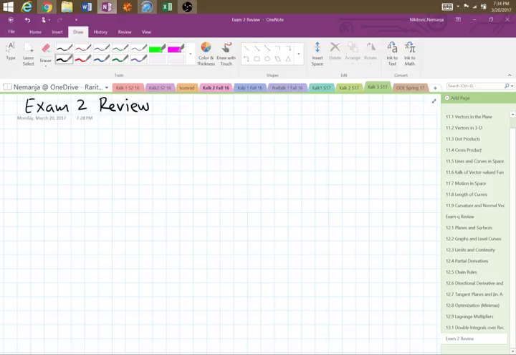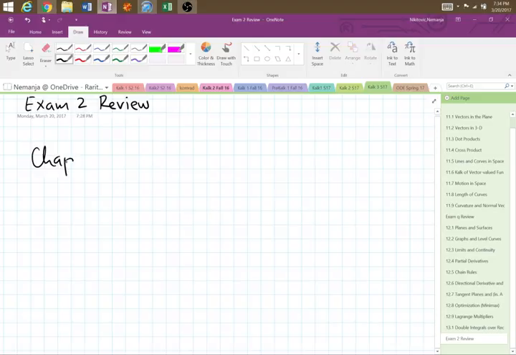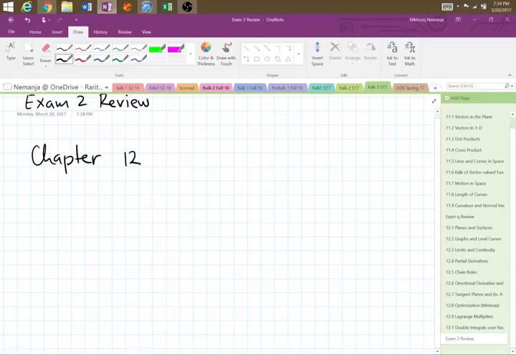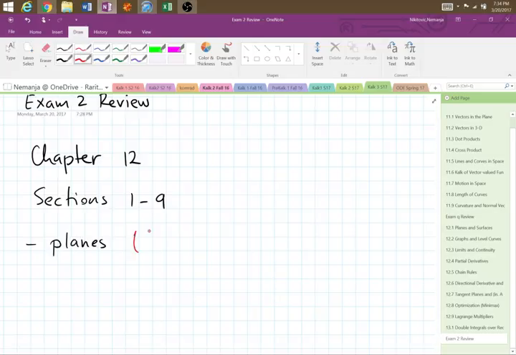So chapter 12, sections 1 through 9. So we are talking about planes, more particularly tangent planes.